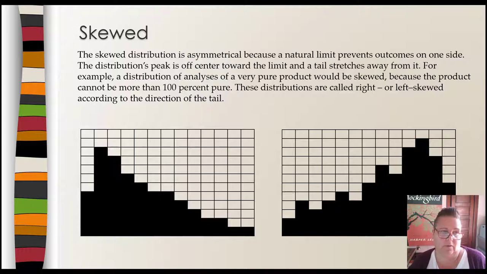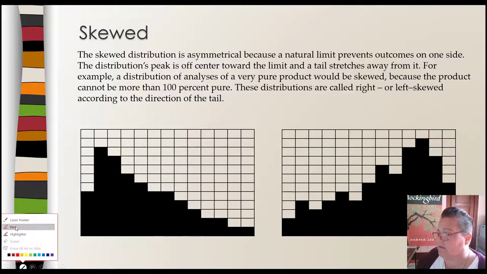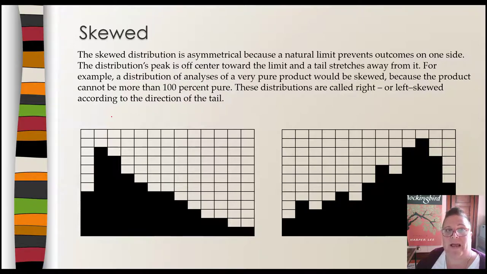So for example, the one on your left side in this presentation, let me get my pen. This one. This is actually known as a right skewed, because the name of the skew, right skewed, is based on the tail, right?